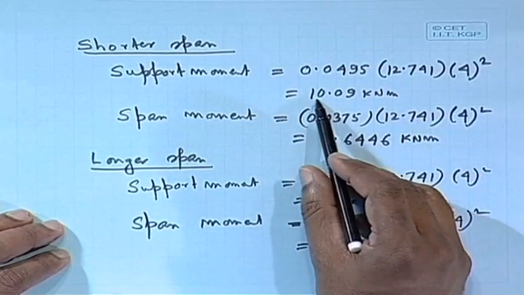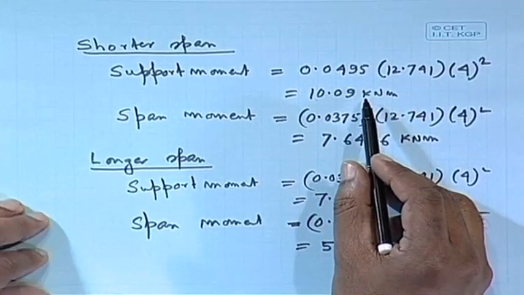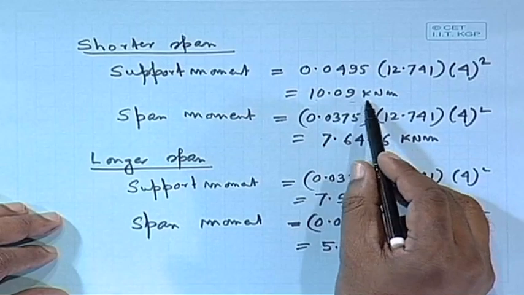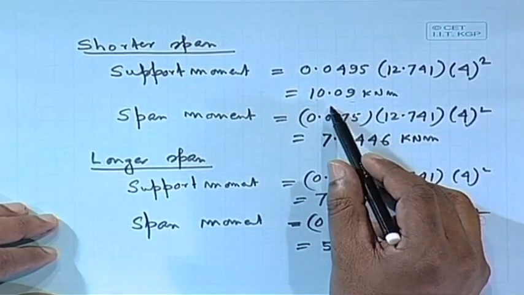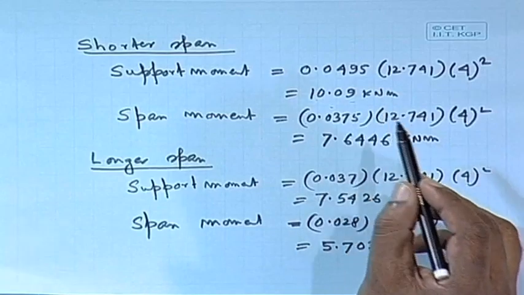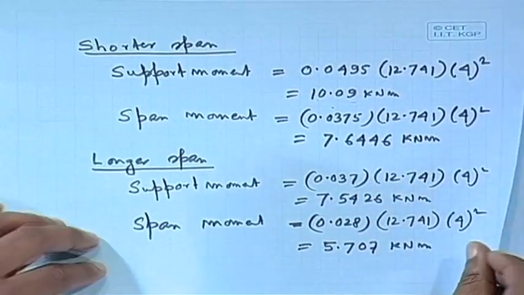Out of that, 10.09 is the maximum one we are getting. So, we can start from here itself, we can find out the depth by taking this moment. So, 10.09 we can take. Let us find out the depth.